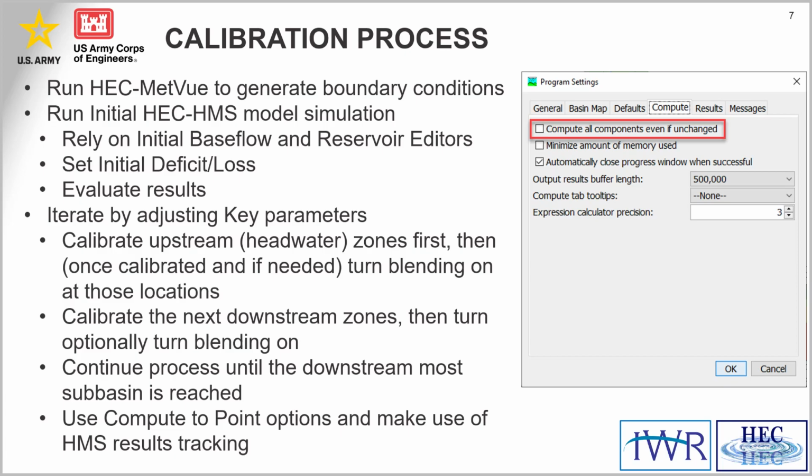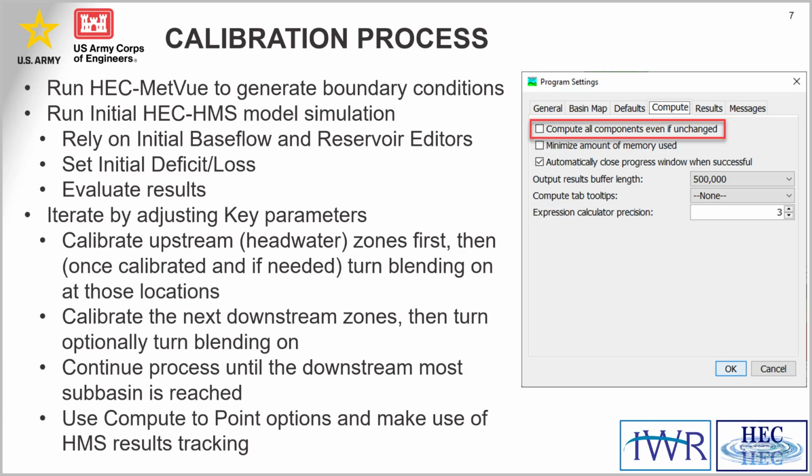You might be running it like 10, 20 times, who knows? And so you don't want it computing the entire model every time you do this. It's just going to slow down the process and it's not going to make any changes to the answer. So this is a good one to have unchecked for this process.